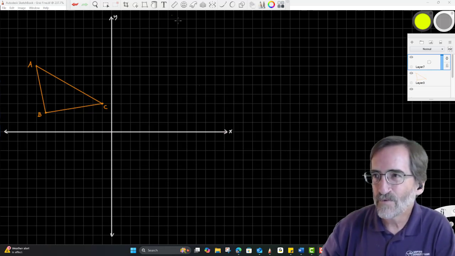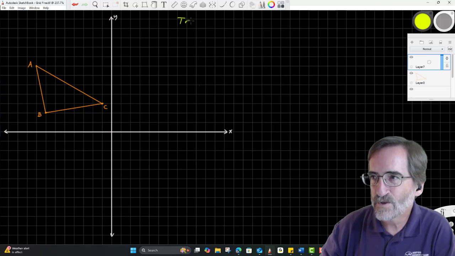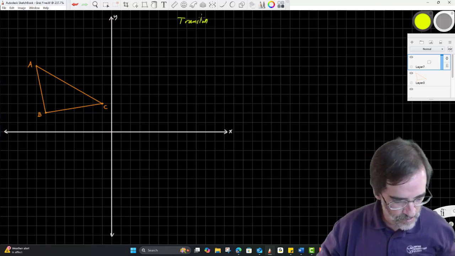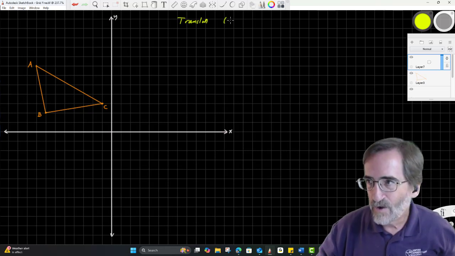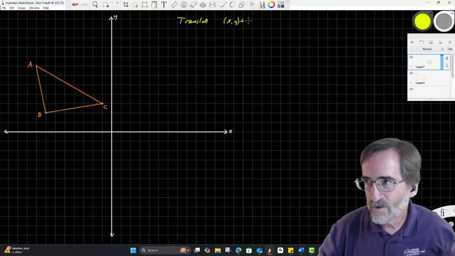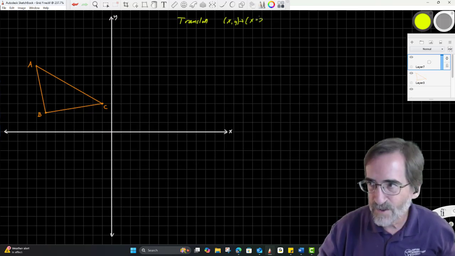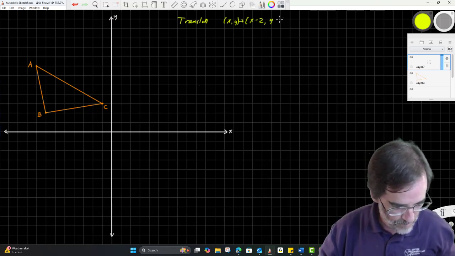I'm going to translate according to two rules. I'm going to translate according to the rule (x, y) becomes (x minus 2, y plus 5).